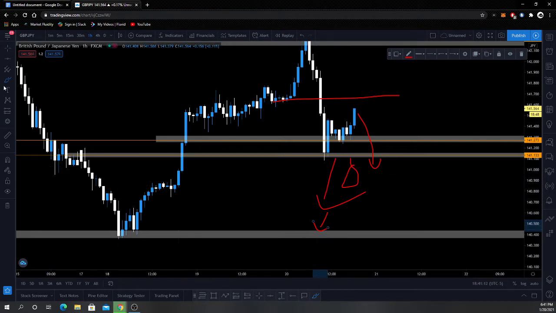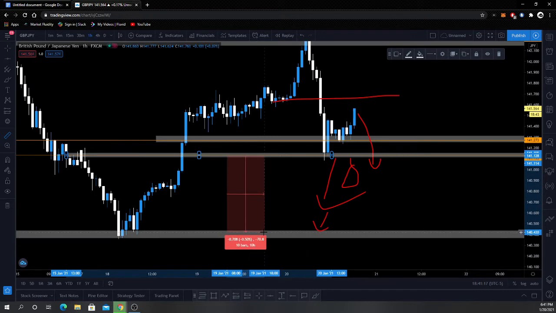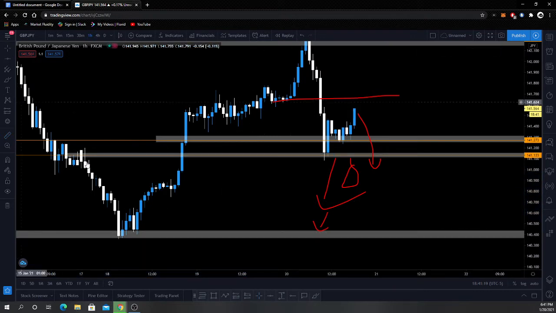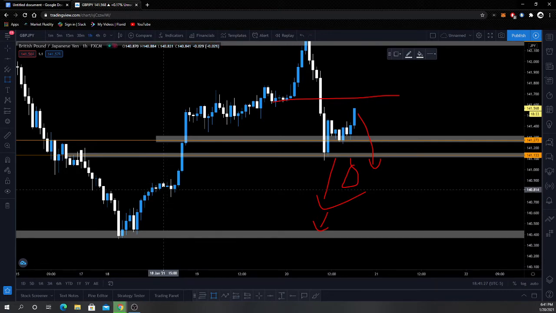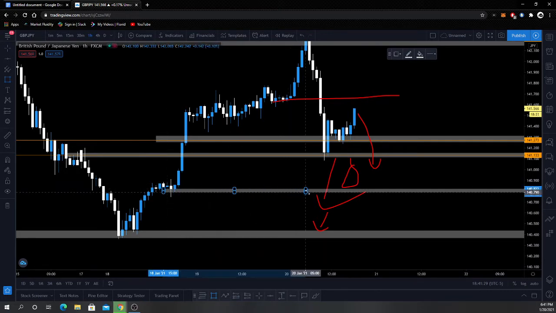But because this is a very big range, almost a 70 pip range, price would not fall down in just one shot. Sometimes it does, sometimes it doesn't, but in any case we could have a support right away because we are in a bullish trend.